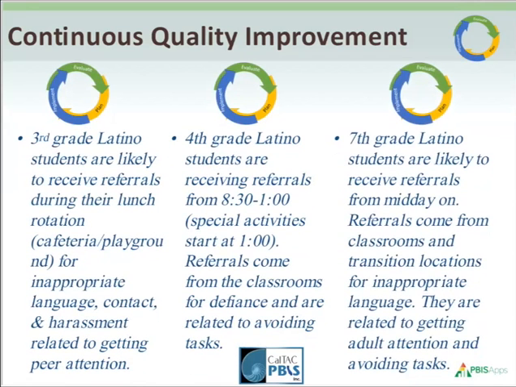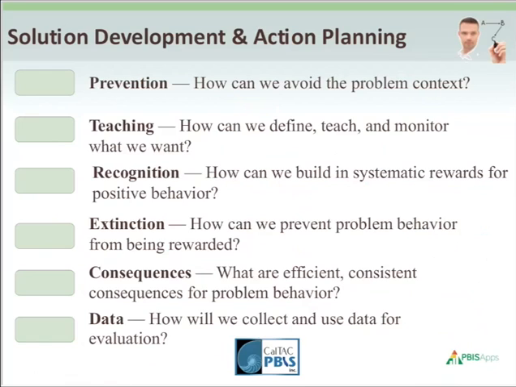So here are our 3 stories again. The last one we were talking about is the 7th grade Latino students. What we'd want to do is overlay that into the solution development plan and talk about, with that story of our 7th graders, what might we do to prevent it? How can we avoid that whole problem context from happening? Then looking at how we would teach: what is it that we want to teach now that we have a clear understanding of what the problem is?